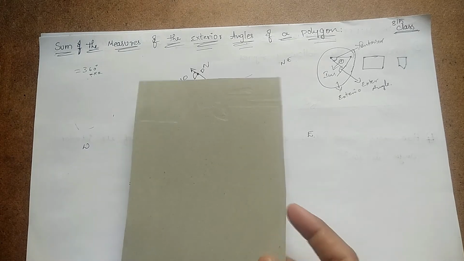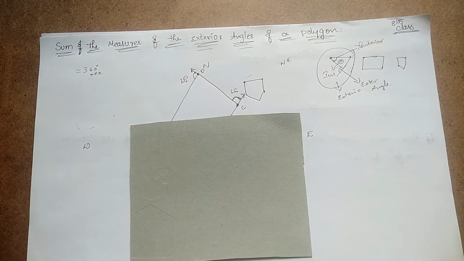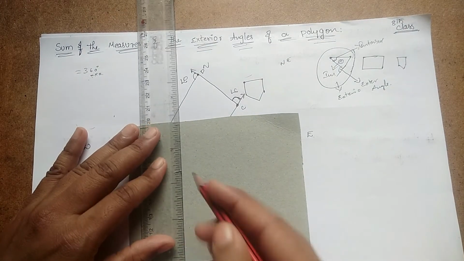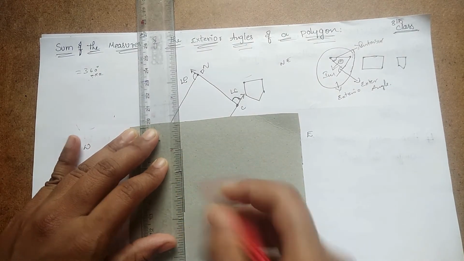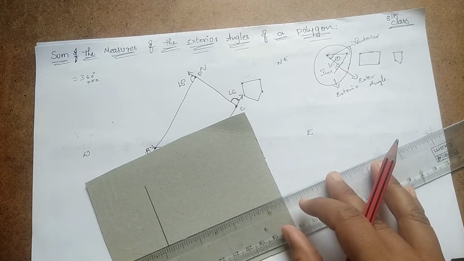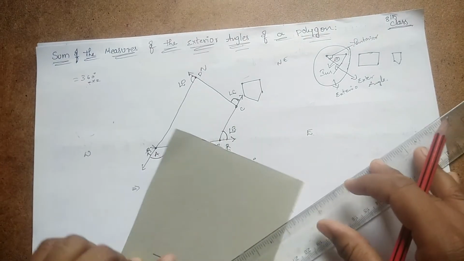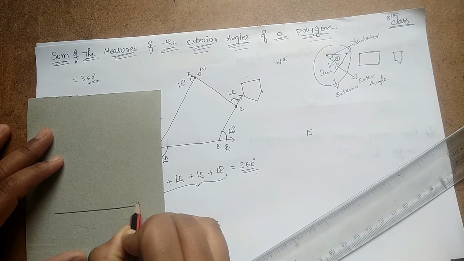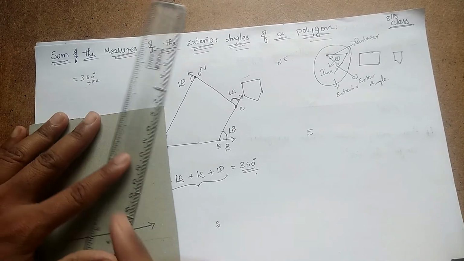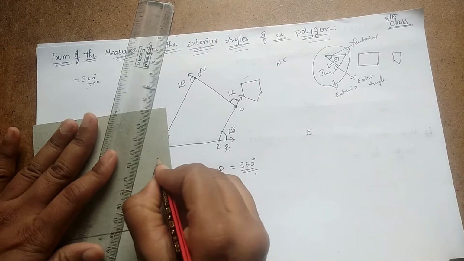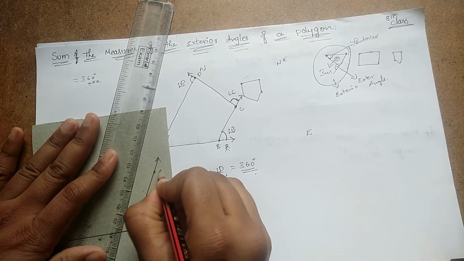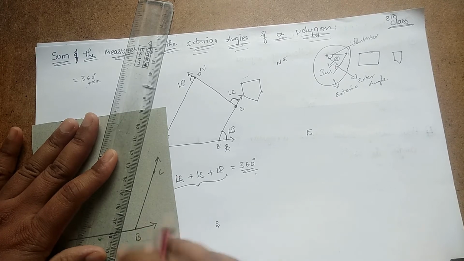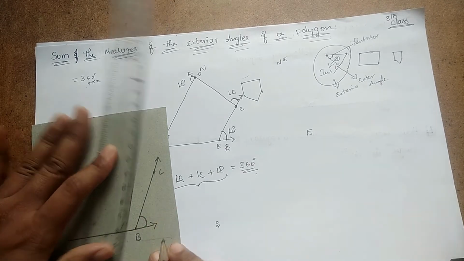I am taking a cardboard here, drawing a quadrilateral with the help of a scale. The same works if you take a pentagon or a hexagon. This is C, this is D, B, making some angle.